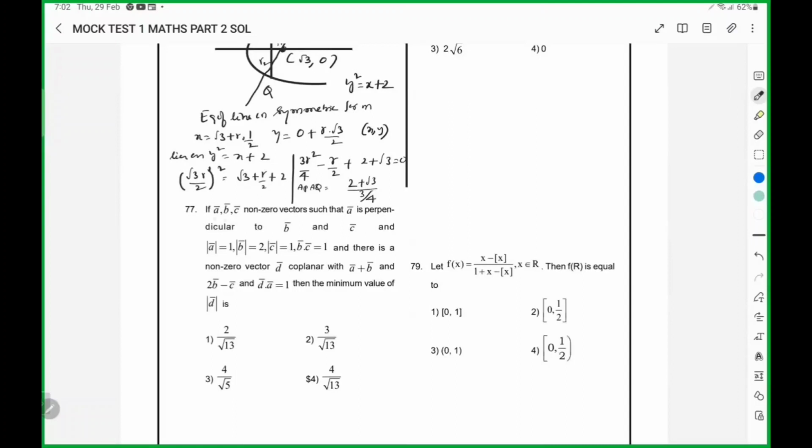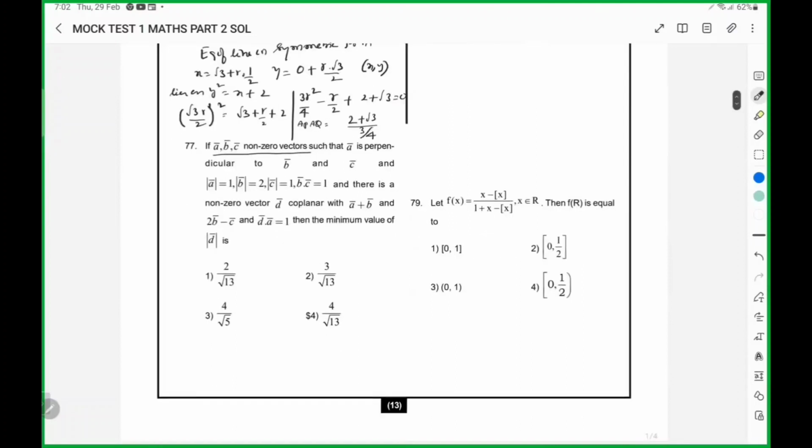Here they have given non-zero vectors, A is perpendicular to B and A perpendicular to C, and the magnitudes are given. D is a non-zero vector coplanar with A plus B, and once a vector is coplanar, we can write it as a combination of these two.